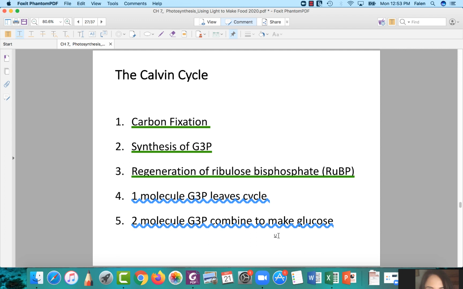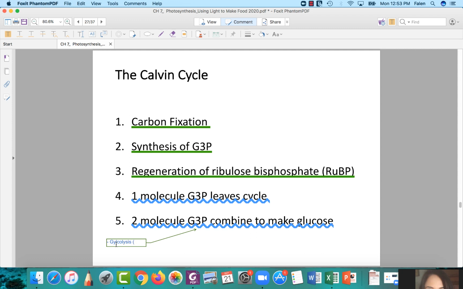Now you've seen G3P before. Where have we seen G3P? Where? Anybody remember? If you have remembered, you should remember, we see this in glycolysis.